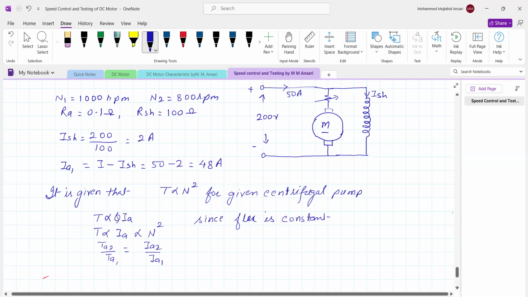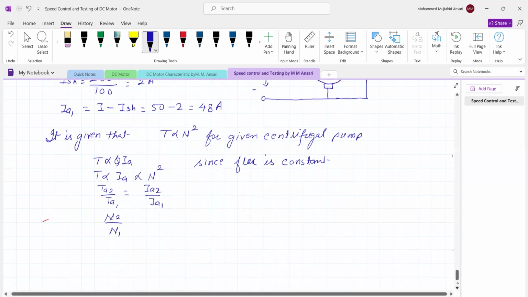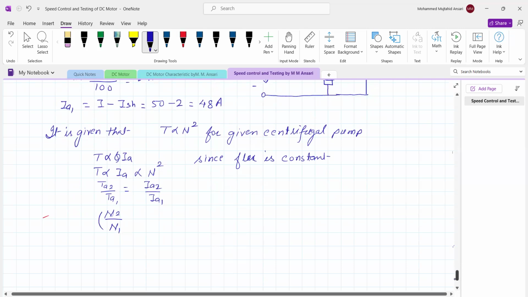If you replace this relation, we can obtain N2 upon N1, bracket square, as the torque varies with respect to the square of speed, is equal to IA2 upon IA1.